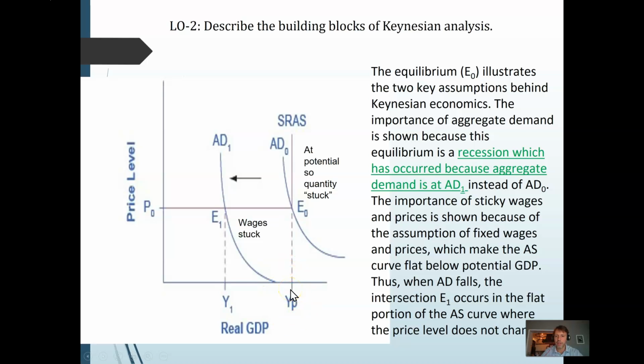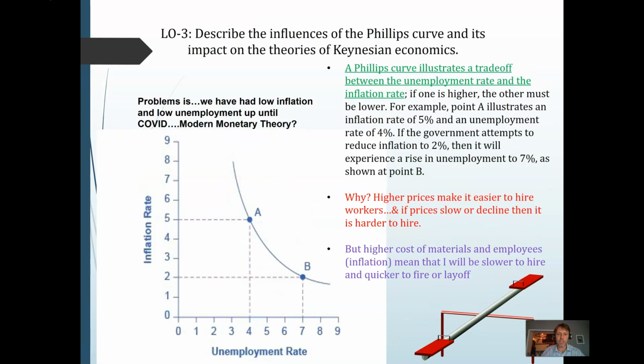We're kind of at full potential for the economy. So that's the reason for that shape. There is something called the Phillips curve that is made famous in Keynesian economic theory that basically says there's a relationship between inflation rates and unemployment. And as economies, we have a choice.